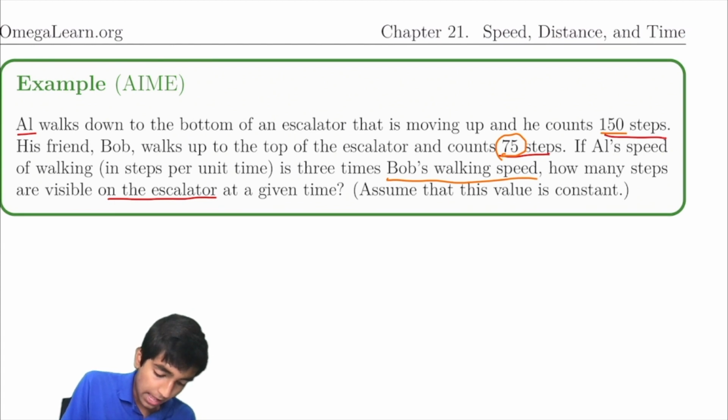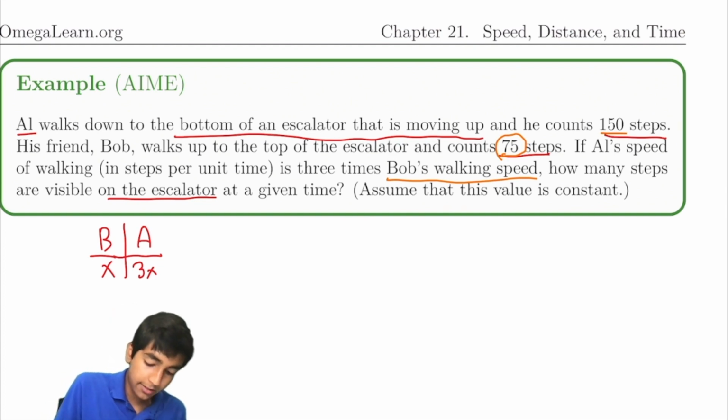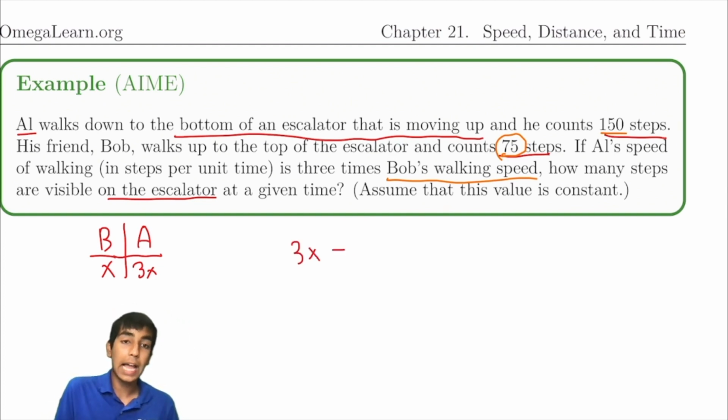So Bob x, Al 3x. But he's also walking down to the bottom of an escalator that's moving up. So he'll be going at a speed of 3x minus e, because he's going against the escalator. But Bob will be going at x plus e.